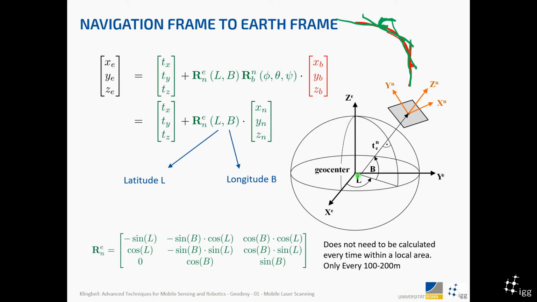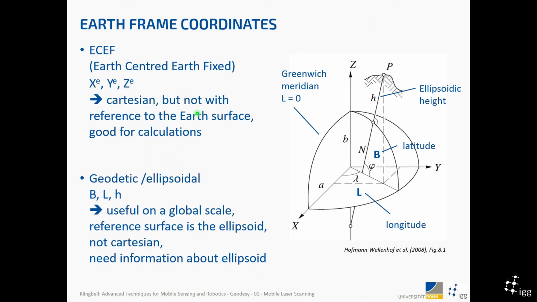So this is the vector, the transformation from the Earth's center to the body frame. Okay, so now we are in Earth frame coordinates, and this is now a good time to talk a little bit more about Earth frame coordinates.